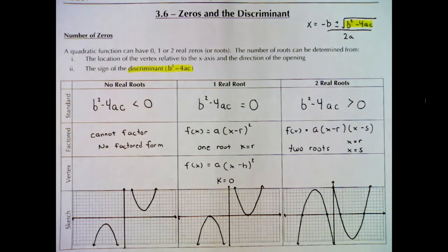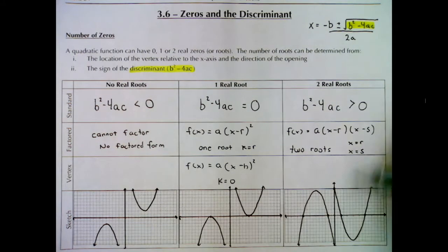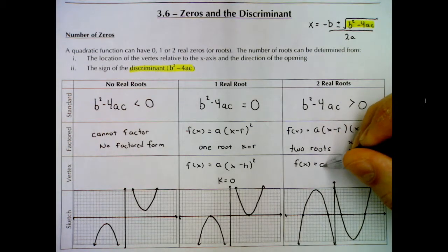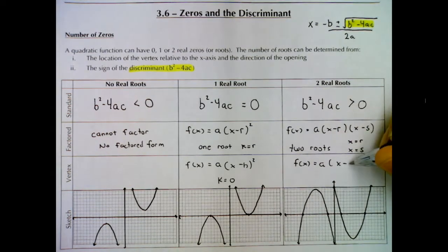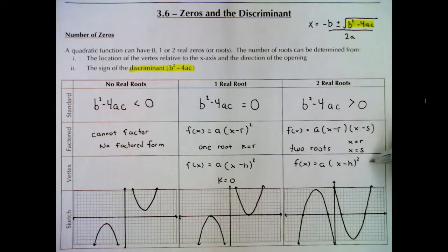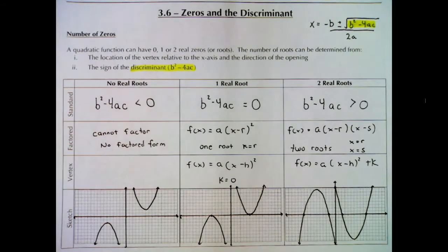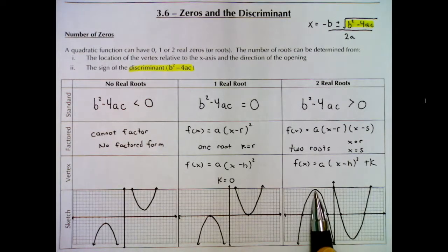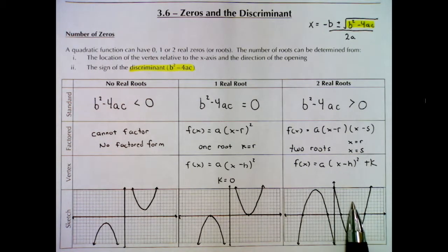And vertex form. What would vertex form look like if there's two roots? Well, looking at these sketches, we would have vertex form. And what do we notice? Well, we notice that either the vertex is above, so shifted up and opening down, or shifted down and opening up.